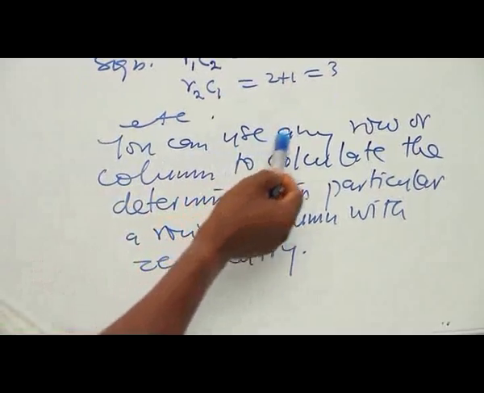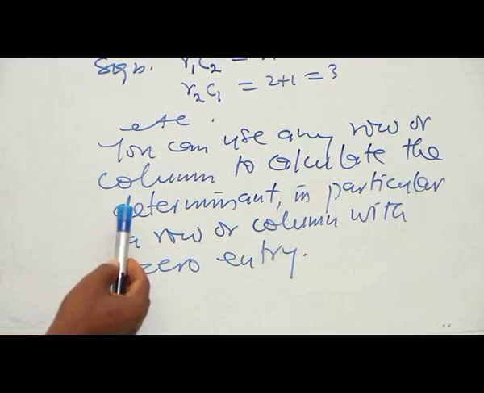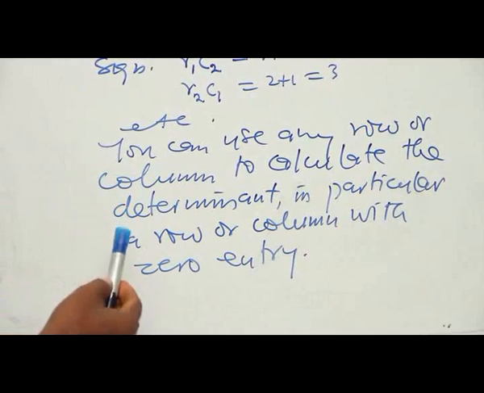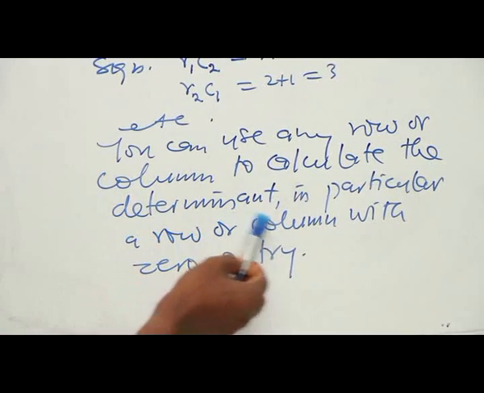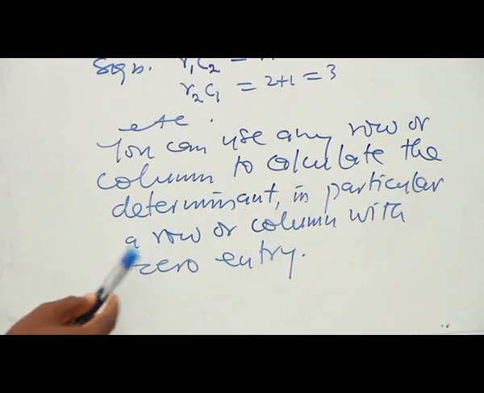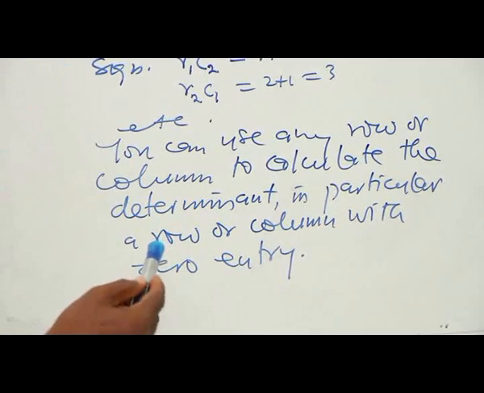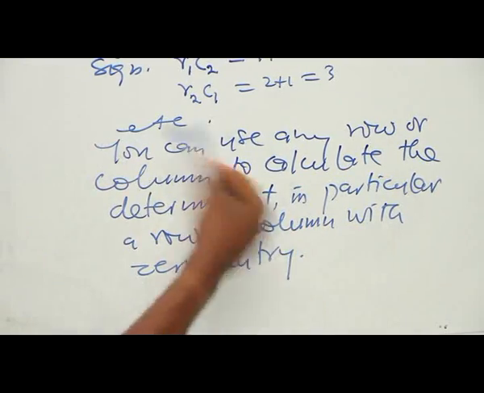You can use any row or column to calculate the determinant of a matrix, in particular a row or a column with 0 entry. What I'm trying to say here is that in determinant, you can use any row to calculate the determinant.